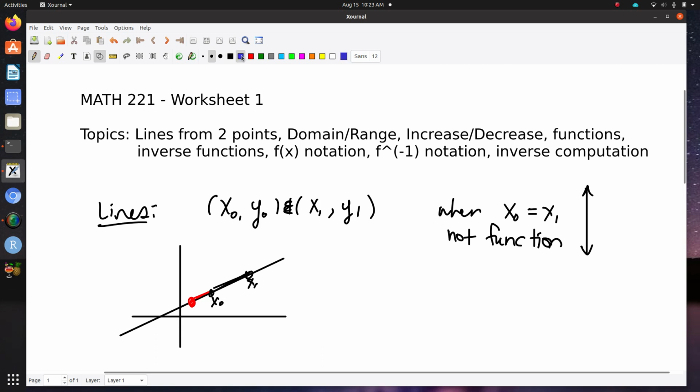So it makes sense that we say, all right, change between, so y1 minus y0 over x1 minus x0 is identically equal to, say, y minus y naught over x minus x naught for some arbitrary x and y pair on the line.